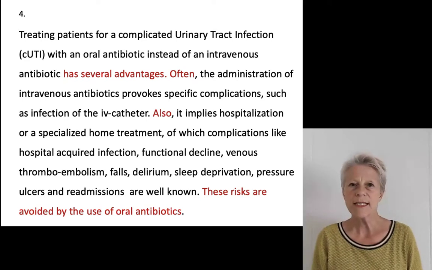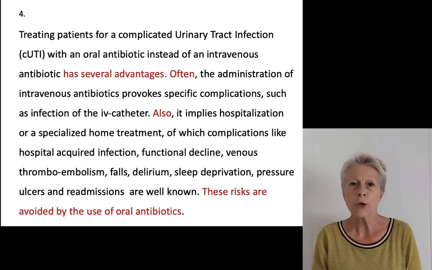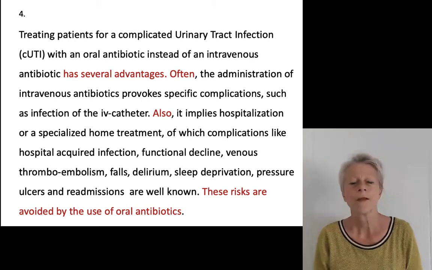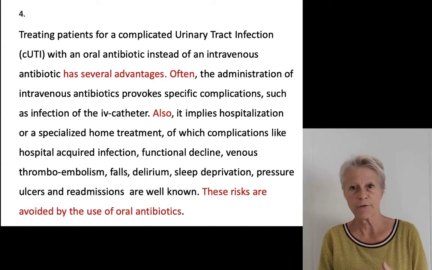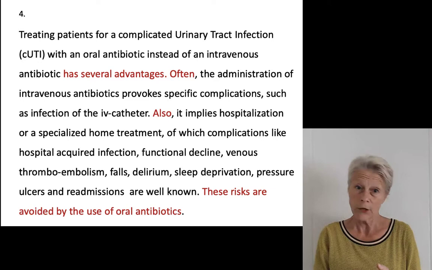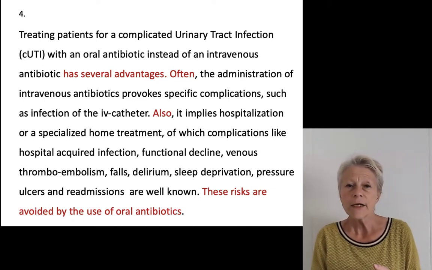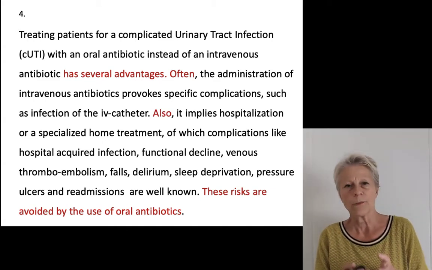I bet you could easily predict the content of both of these paragraphs because the topic sentences simply announce the content. This one: treating patients for a complicated urinary tract infection with an oral antibiotic has several advantages. After that, the reader is further assisted by signals like often and also.